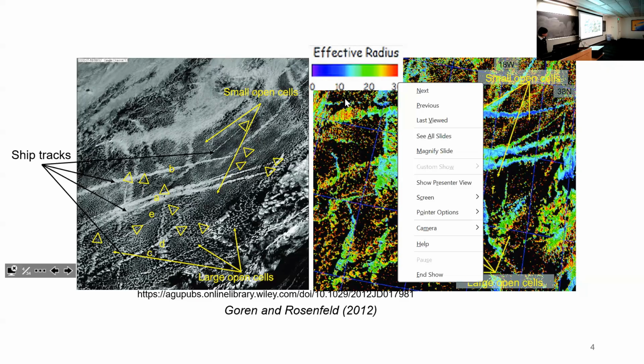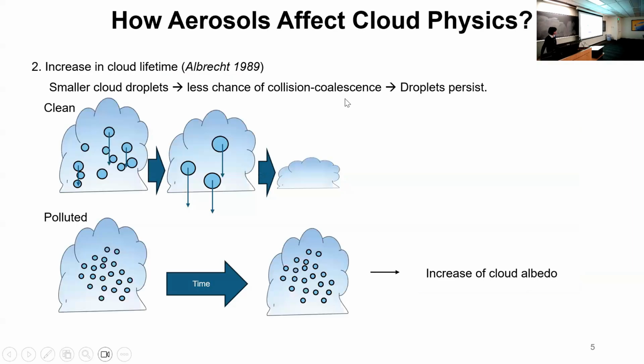This cloud droplet distribution also impacts the cloud lifetime. In a clean environment, we could have larger cloud droplets with lower number concentration. The larger cloud droplets have more chance of collision coalescence, producing raindrops and precipitating quickly.